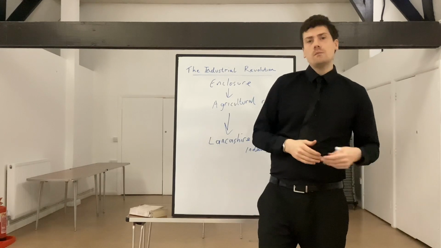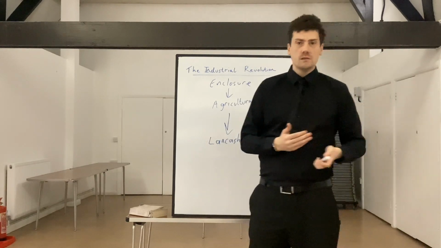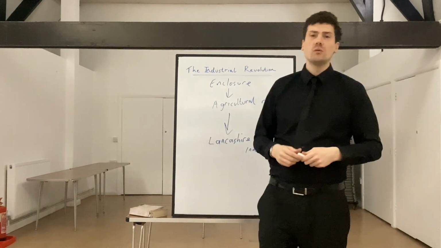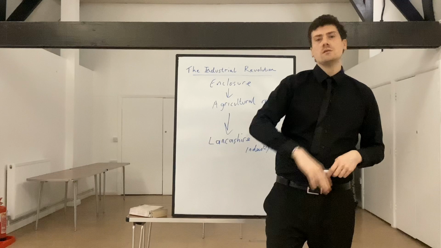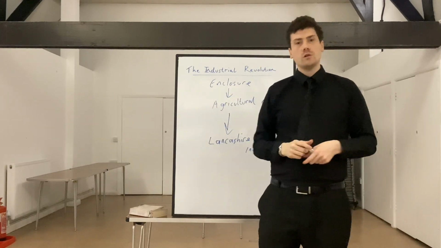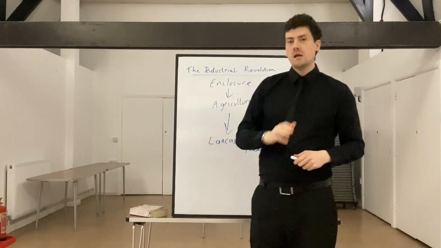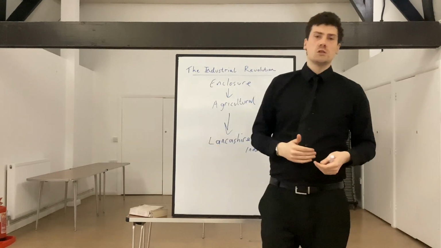Going on at the same time, there was another development in the United States. Cotton, for example, is not native to Great Britain, but then cotton becomes an important part of the Industrial Revolution later on. But that's not strictly important for the development of the Industrial Revolution in Great Britain.